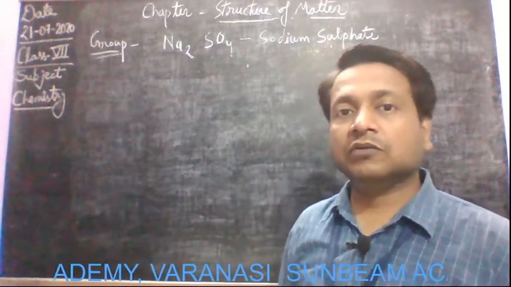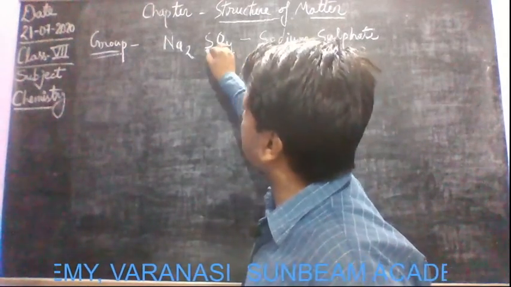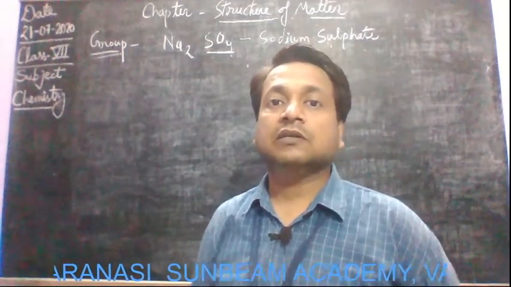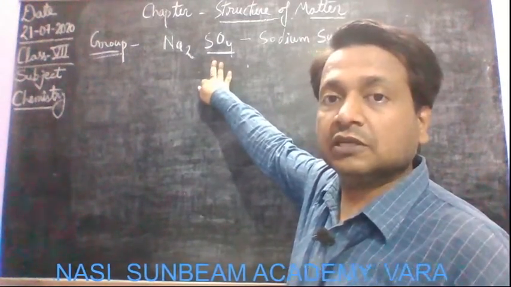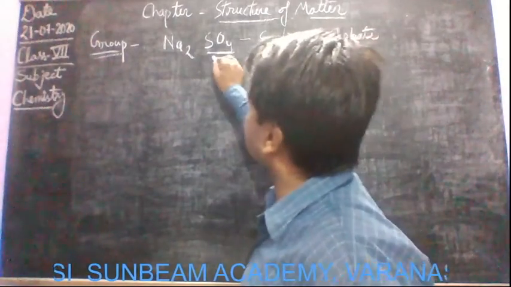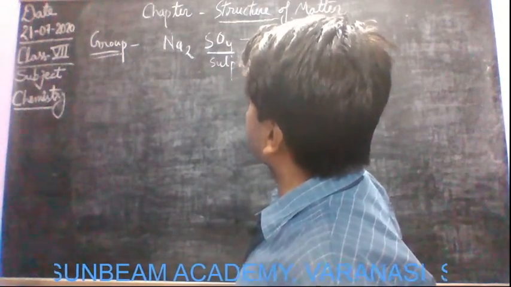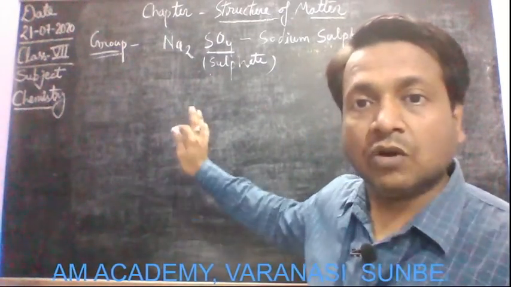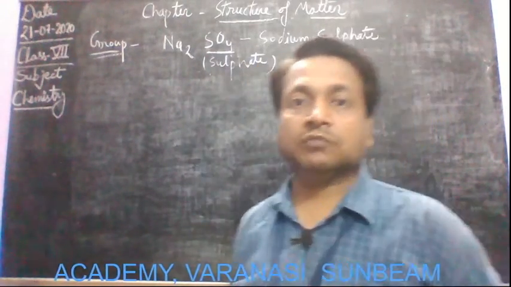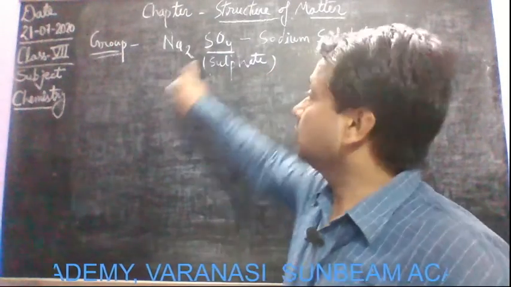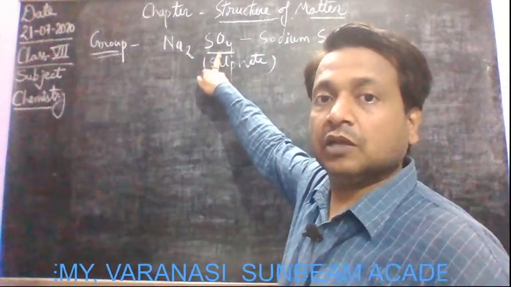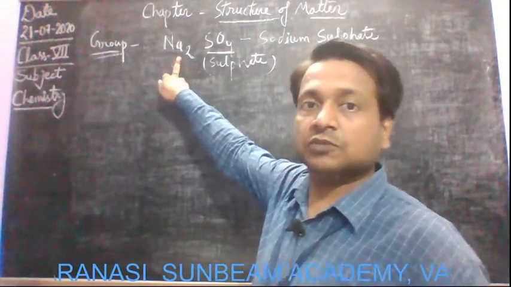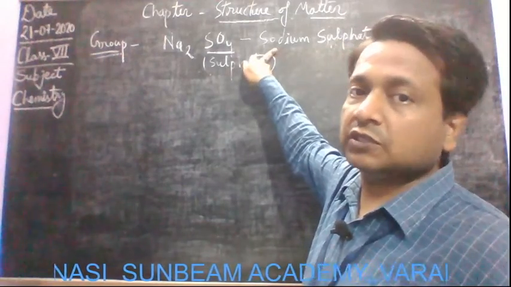In this compound, this SO4 is a group, and the name of the group is sulfate group, because one molecule of sodium sulfate is formed when one sulfate group gets joined chemically with two atoms of sodium.